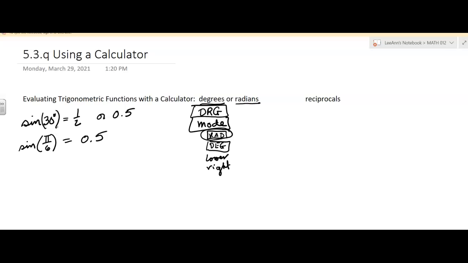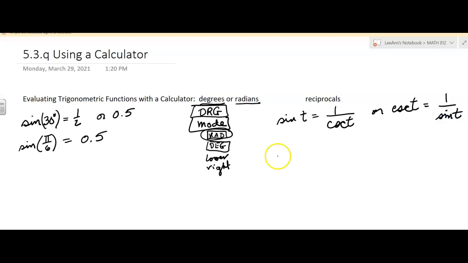All right. Now we're going to apply this with reciprocals. Remember, sine of t is equal to 1 over the cosecant of t. But you can also write it the other way. The cosecant of t, I think we talked about this, is 1 over sine t.